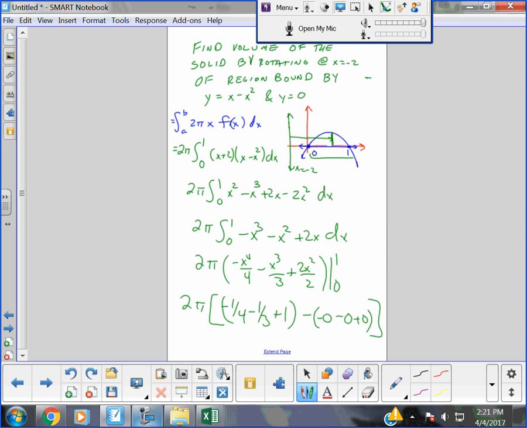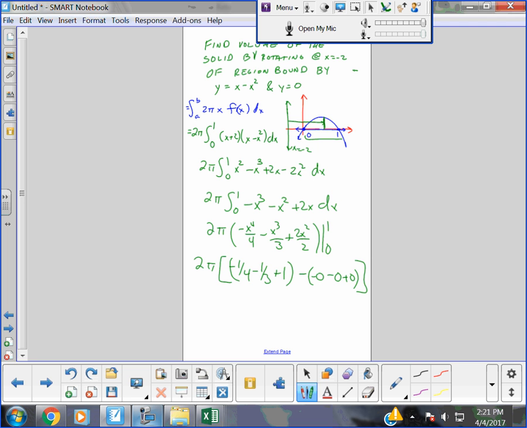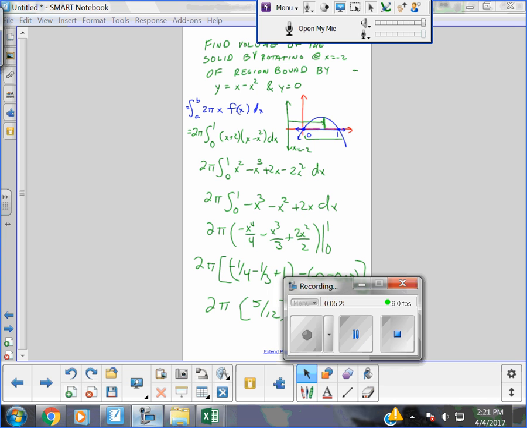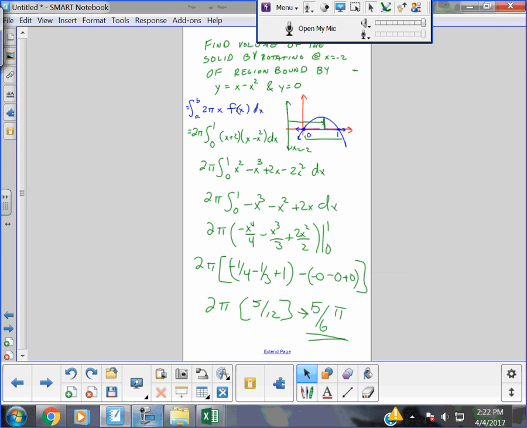So I get negative 7/12 plus 1, which is 5/12, so 2 pi times 5/12. Is the answer 5/6 pi on your calculators? A quick check on the TI-84 says I did this without making a math mistake.